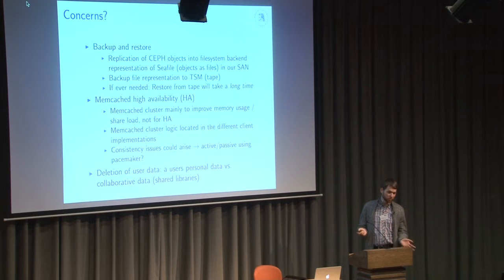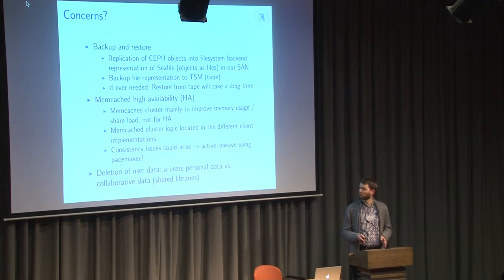Memcached, I'm not sure. I did a little research, and to my knowledge, Memcached isn't made with a high-availability cluster in mind, but more to improve memory usage and share load. So, in my opinion, there can be problems.